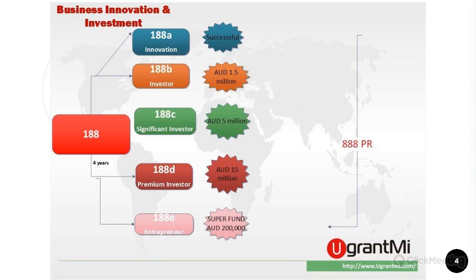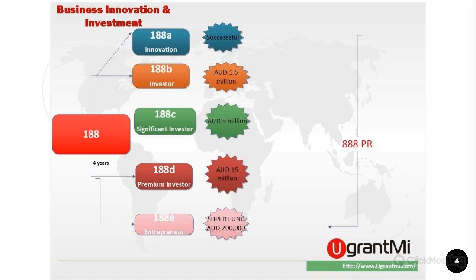The client must invest a total of Australian dollar $5 million for 4 years, which means they have to release the fund to the bank. Then the bankers invest accordingly. They have to have a compliant investment, which means percentagewise they have to invest in high risk, low risk, and medium risk.